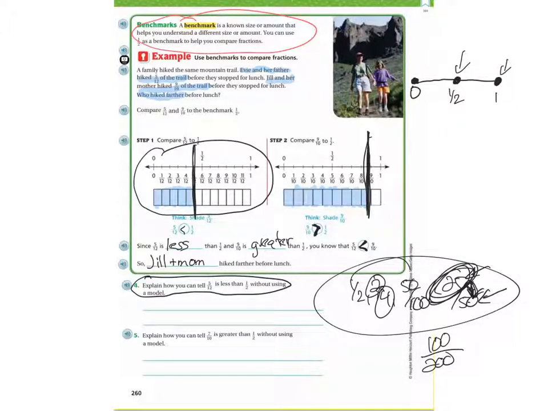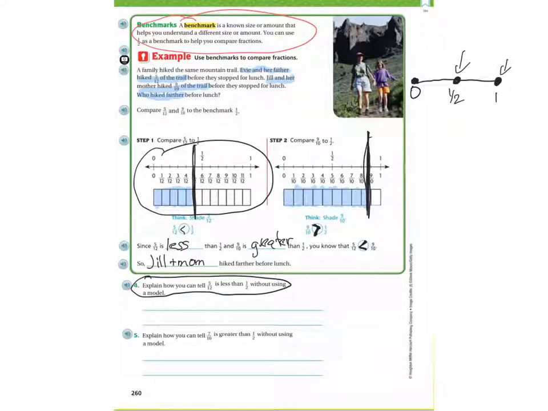So what you should do if you're going to use benchmarks, this is a little tip from me to you. Check out your number here. Look at 5/12. How can I know that's less than 1/2? All right, well, let's look at what 1/2 would be. If I want to convert that to 12ths, how could I do that?